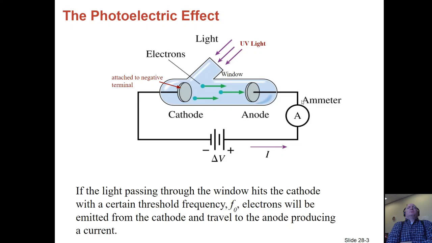So we're actually going to have the electrons move in this direction, okay? Remember, conventional current will move in the positive to negative direction. Damn you, Ben Franklin. So if the light passing through the window hits the cathode with a certain threshold frequency, we'll say f sub naught, electrons will be emitted from the cathode and travel to the anode, producing a current. Cool.